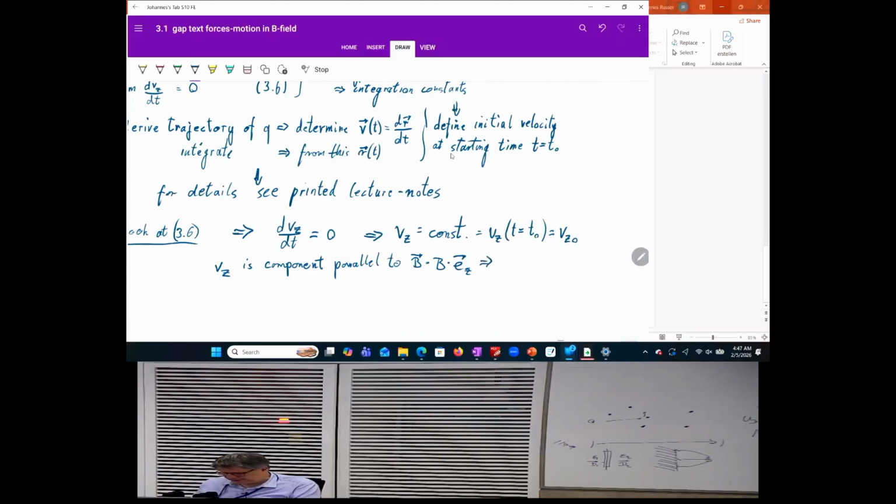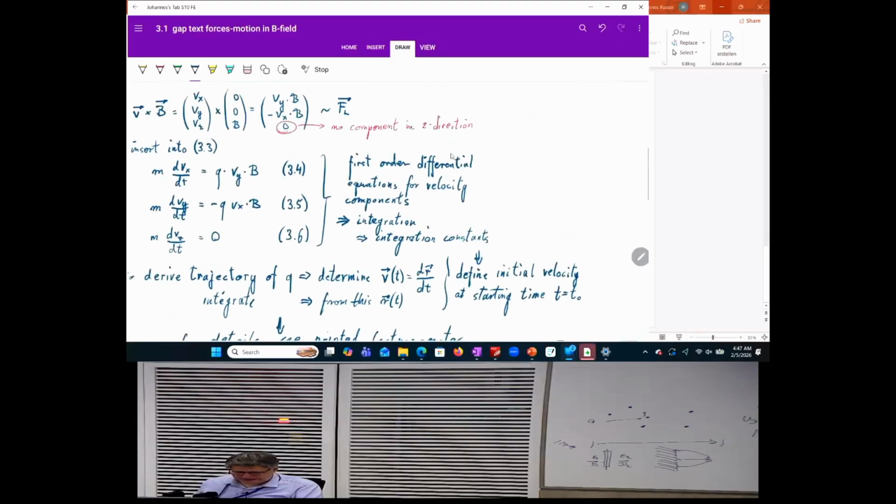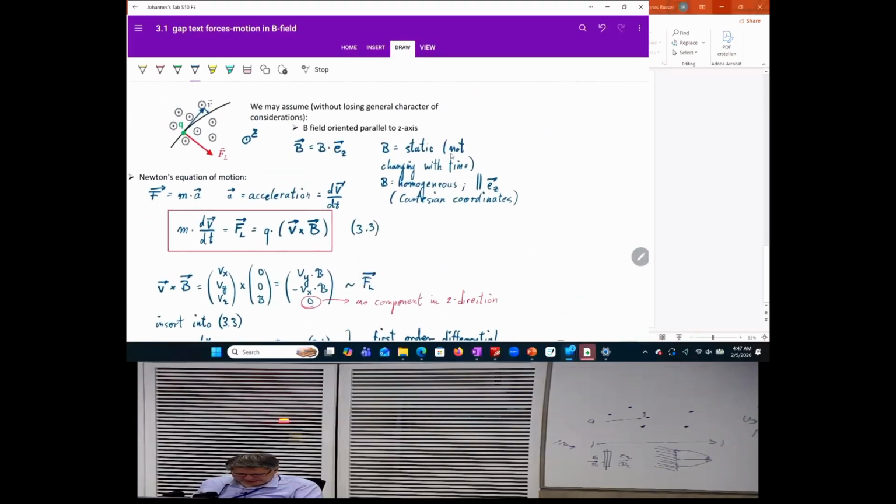As a consequence, we see from that initial graph also, the rule is that you take the right-hand rule.